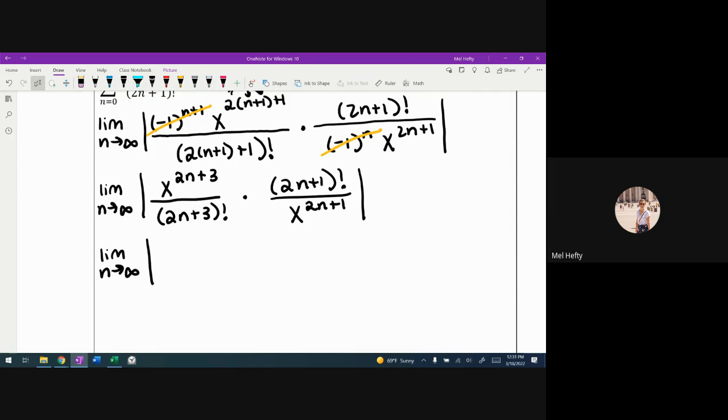So are you guys cool if I do x to the 2n plus 1 times x squared? Those would still add together to get 2n plus 3, but I'm looking forward. I want to cancel with that one on the bottom, so that's how I'm going to break it up. I could do x to the 2n times x cubed and get the same thing, but this is just going to be a little bit faster.